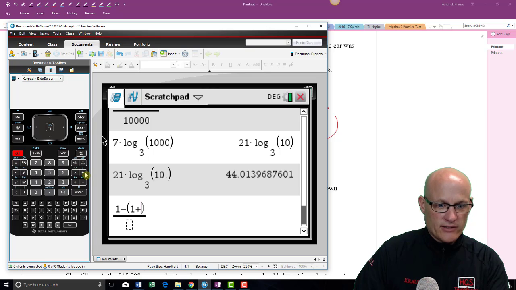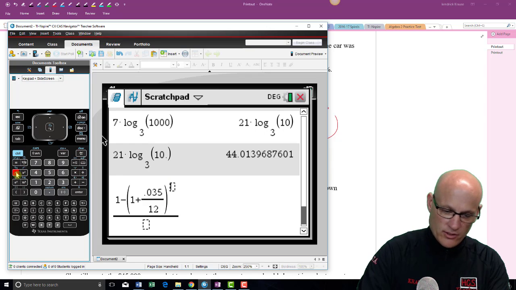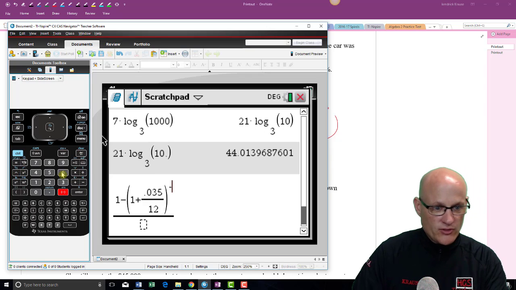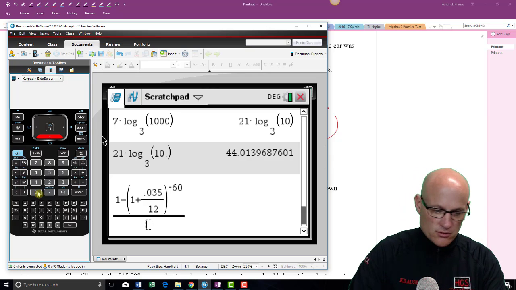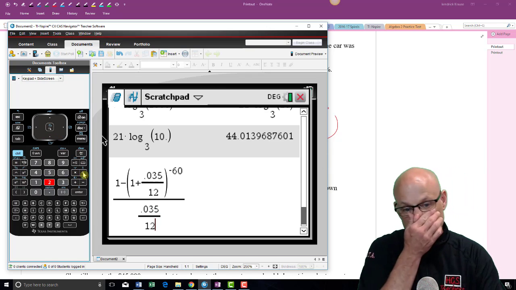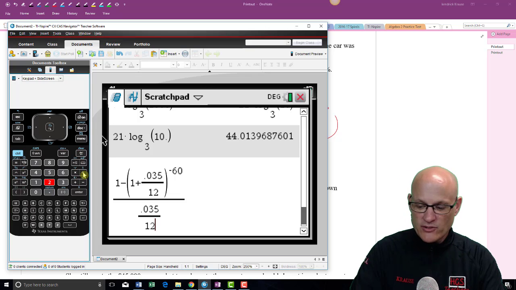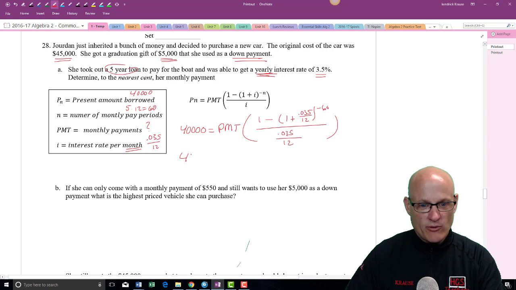Make sure that you get this in there right. 0.035 over 12, all raised to the negative 60, all over control division, 0.035 over 12. Make sure it looks perfect. Press enter. You get some odd decimal. This is not your final answer, so don't you dare round it.